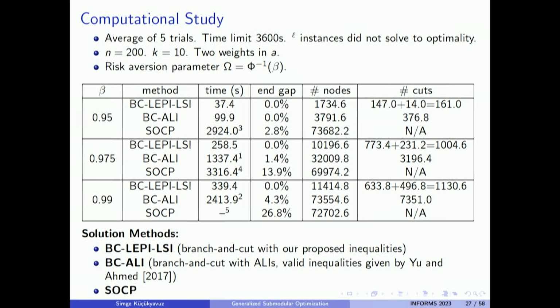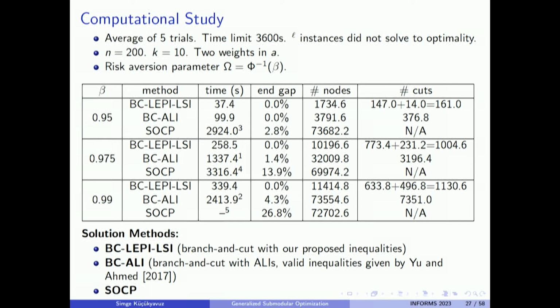And we're comparing 3 methods. The top one, BC, so branch and cut, because we need to keep the integrality restrictions. This is the NP-hard version. Lifted, extended polymatroid lifted separation, so that's what we propose. There was the closed form approximate lifted inequalities that I talked about, which was done earlier in the literature by Yu and Ahmed.